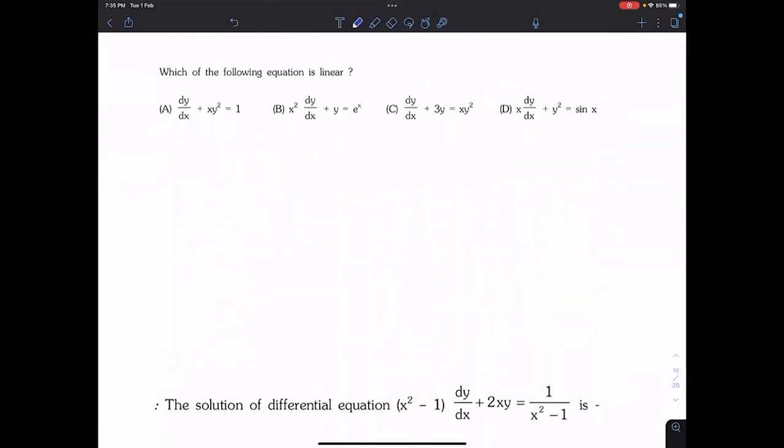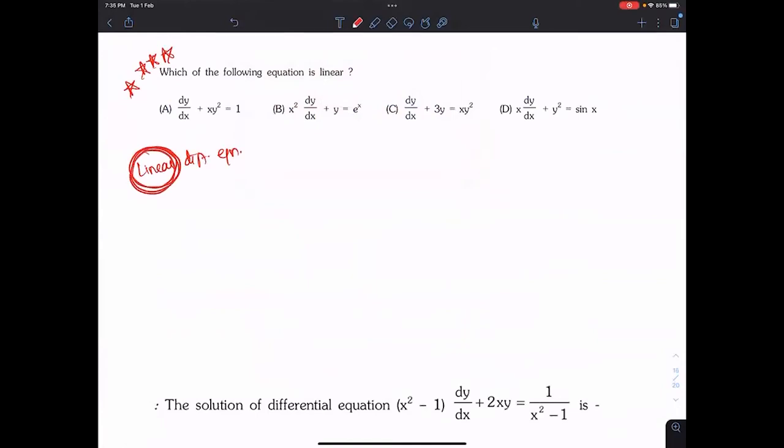Now comes the most important part out of all, that is the linear differential equation. So where does this linear term come from?